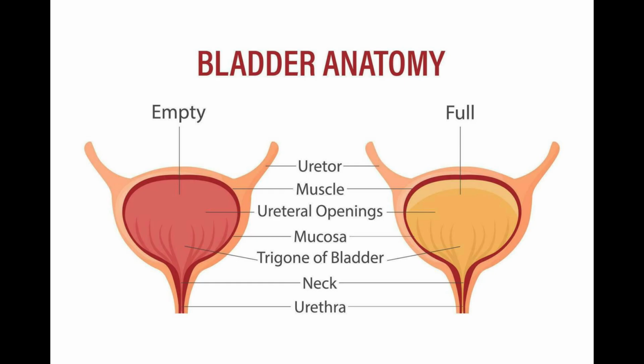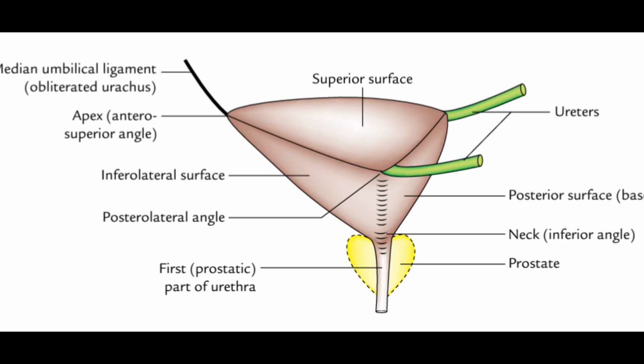When we come to the question where they are asking at which level the ureters enter, the answers were apex, which is directed towards the top of the pubic symphysis, and the next two answers are upper aspect and lower aspect of base.